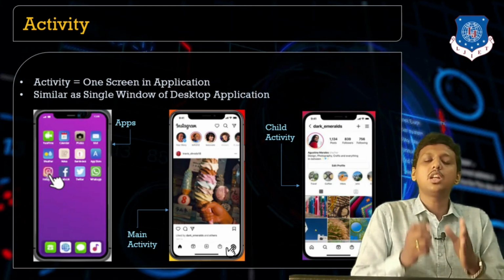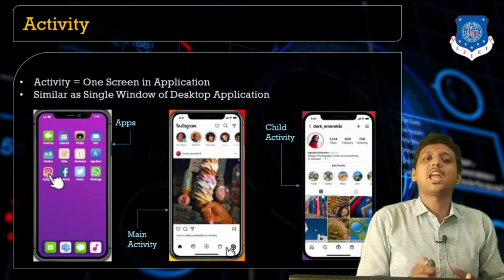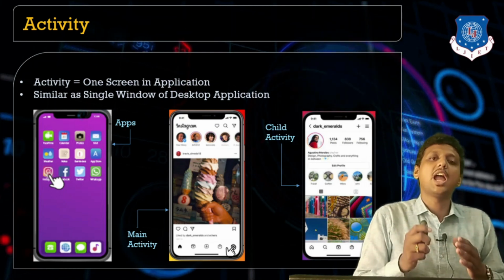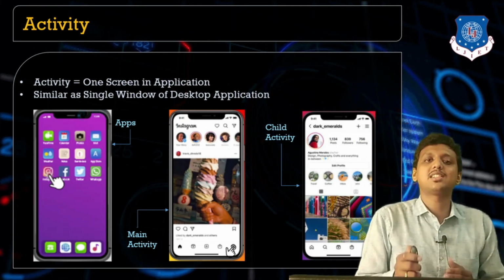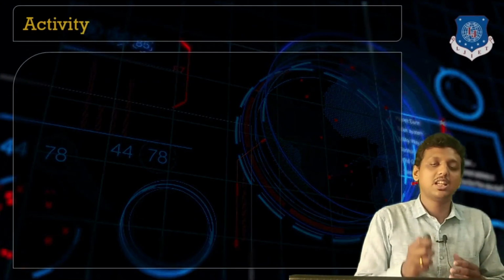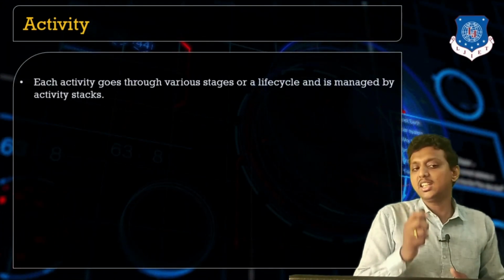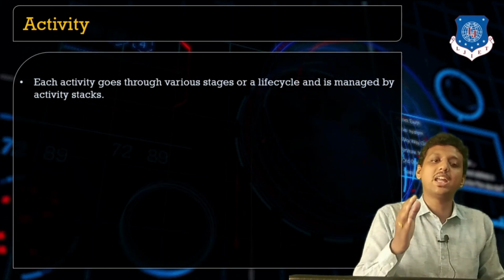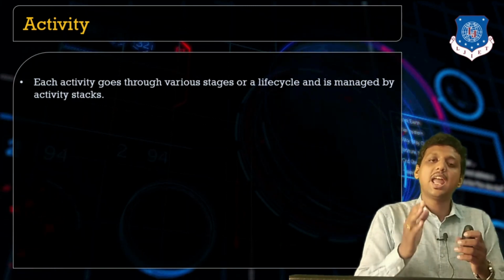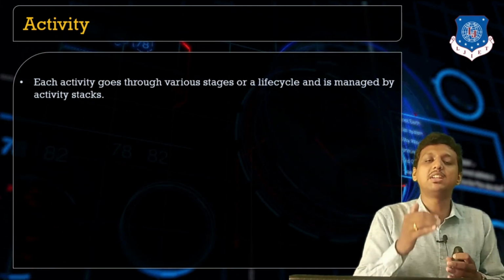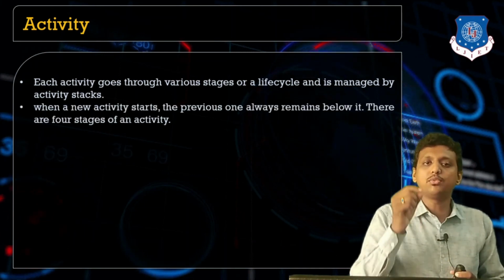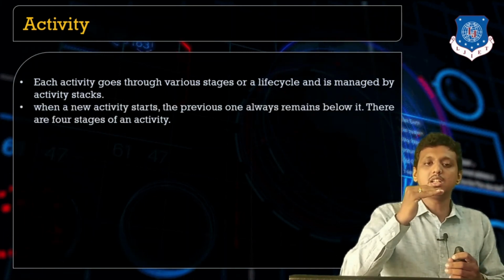So here the activities have a stack. I think I already told you about the activity stack in my previous sessions, but let me remind you that each and every activity goes through various stages of the life cycle, and these stages are managed by the activity stack. When you click on the first activity, it is activity 1.